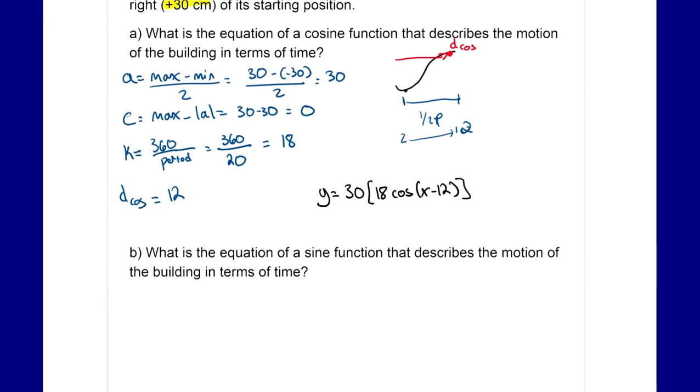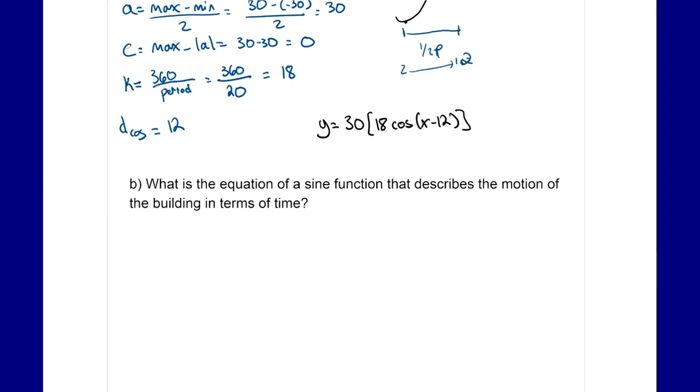Now for the sine function, it is going to be the exact same thing. Y equals 30, 18 times sine x, and we're going to have a different d value, so that we have to determine. So d sine is going to equal d cosine minus 90 divided by the absolute value of k.